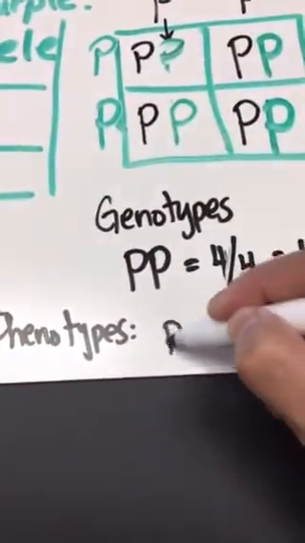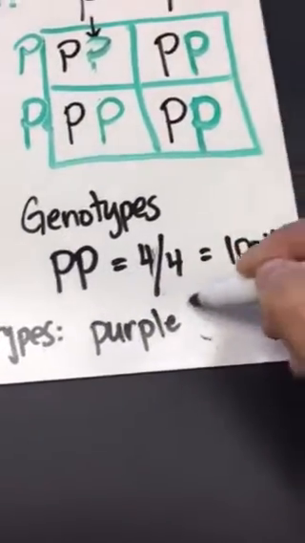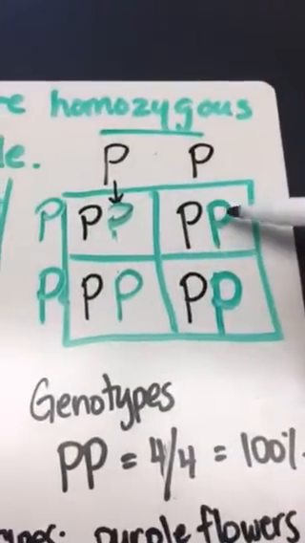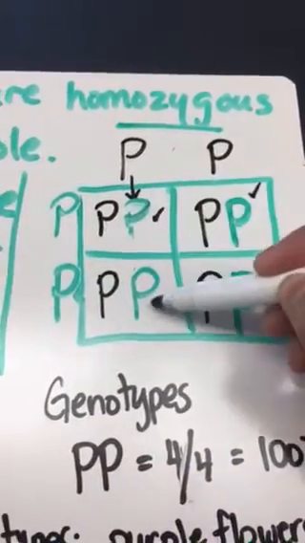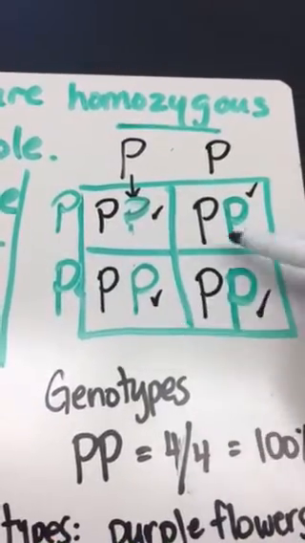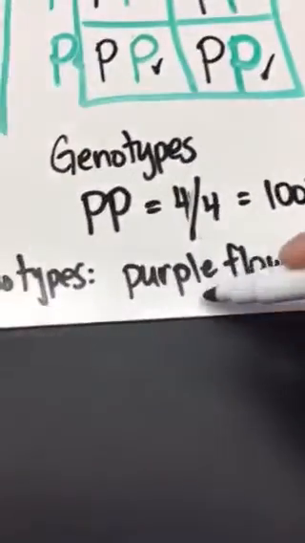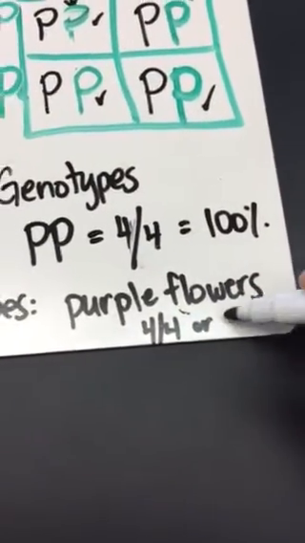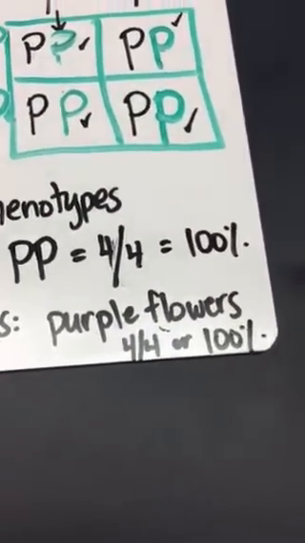So, purple flowers. How often do I see purple flowers? I see it here, here, here, and here, because each one of them has at least one capital letter, or allele. So it'll happen 4 out of 4 times, or as a percentage, 100% of the time.